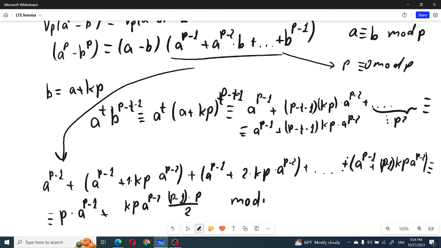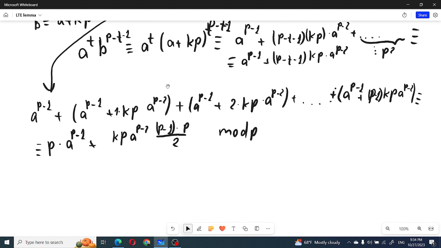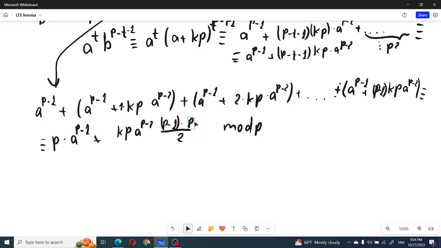And in this case, if we assume that this number p is not equal to 2, we can take that this must be a positive integer, p minus 1 over 2, and this number must be divisible by p square, because we have p here and p here.